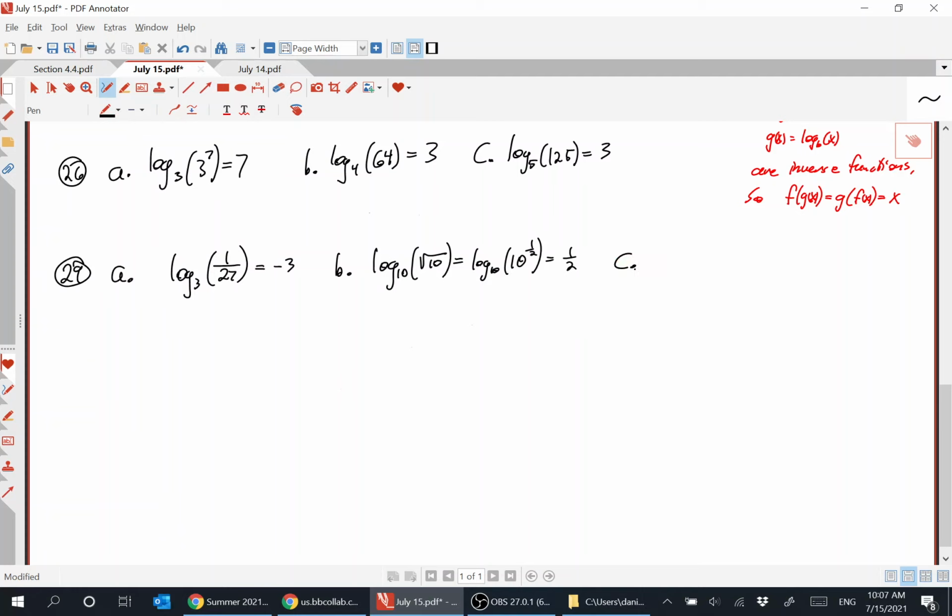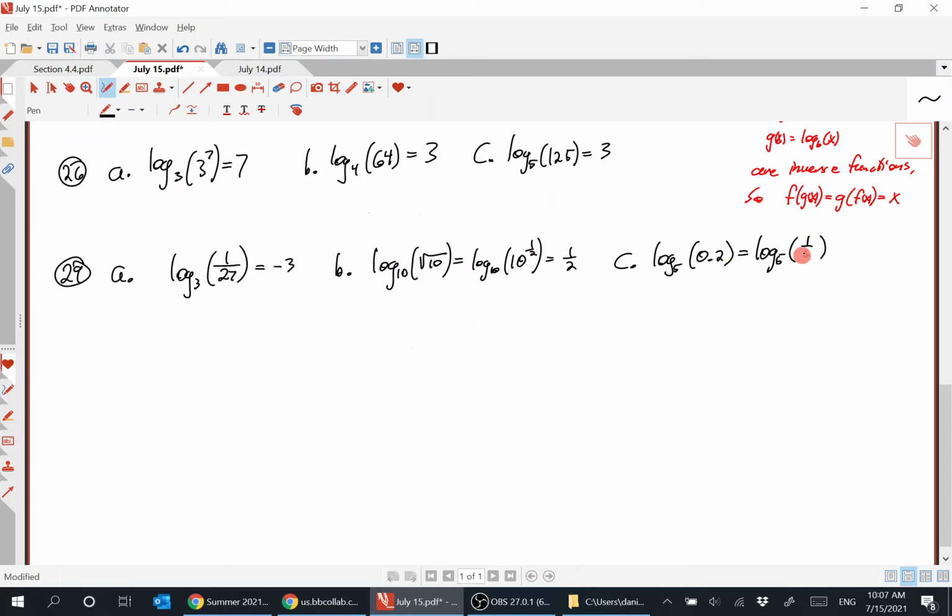C, log base 5 of 0.2. Well, 0.2 is what? A fraction that uses 5. 0.2 is what as a fraction?